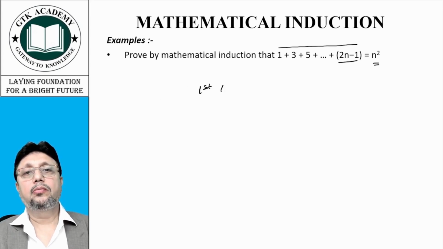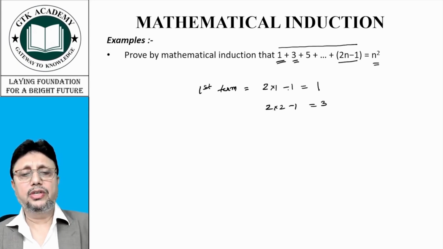First term: put the value of n as 1, 2 into 1 minus 1, which is equal to 2 minus 1, that is 1. This is your first term. Second term, 2 into 2 minus 1, which is equal to 3. Second term, and so on. You can check it.